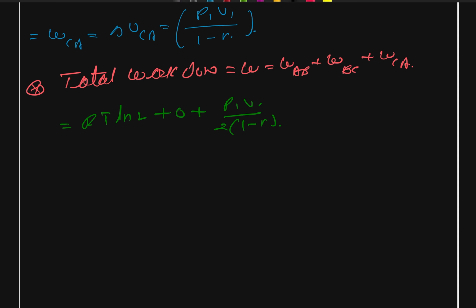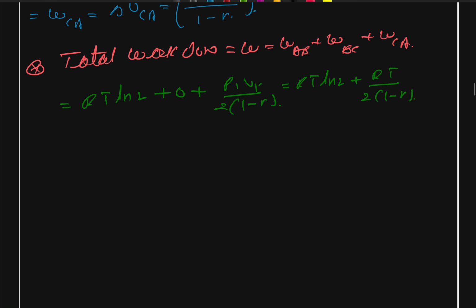And P1 V1 we can substitute with our RT, because we know that P1 V1 is equal to RT. Therefore, we get this as RT natural log of 2 plus RT upon twice 1 minus gamma. So we get total work done W.